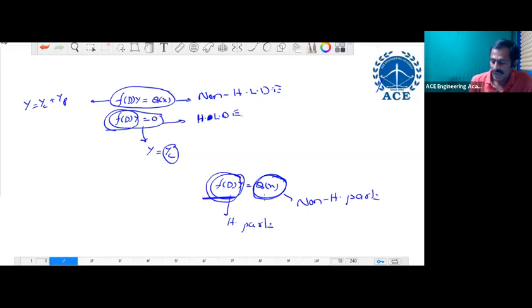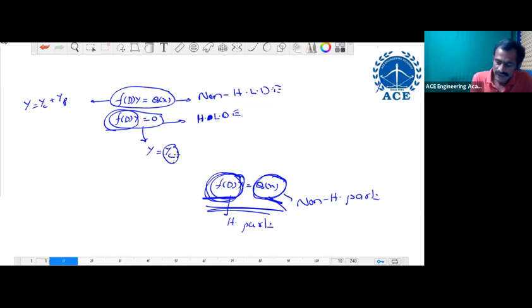From the homogeneous part we find yc, and from the non-homogeneous part we find yp, and then the solution is yc plus yp for a non-homogeneous equation. But for a homogeneous equation, only y equal to yc. yc is the complementary function.